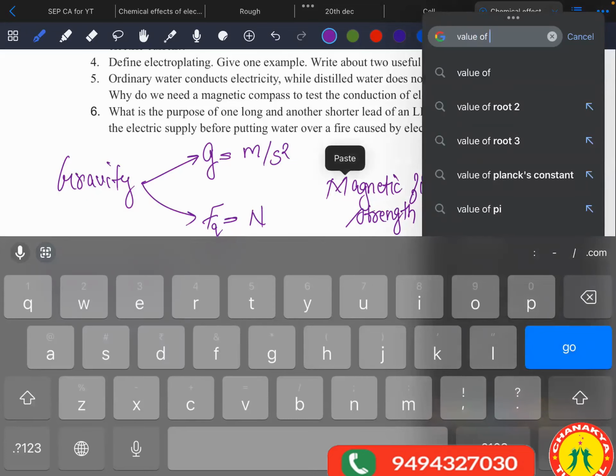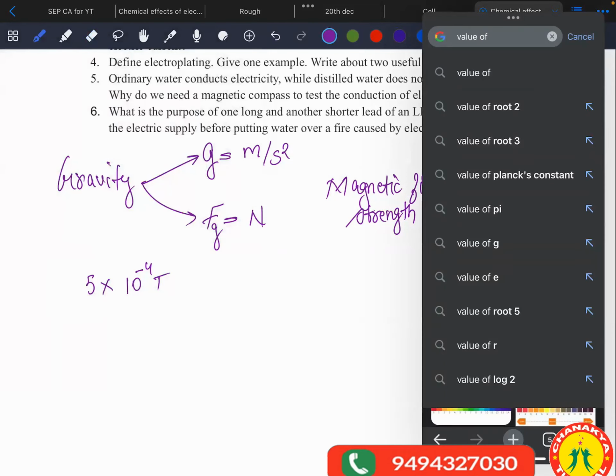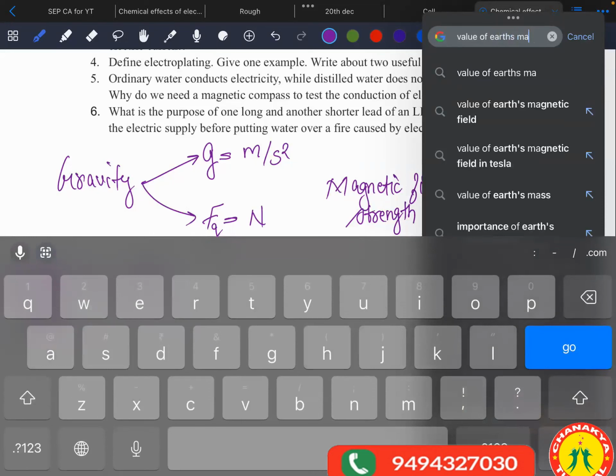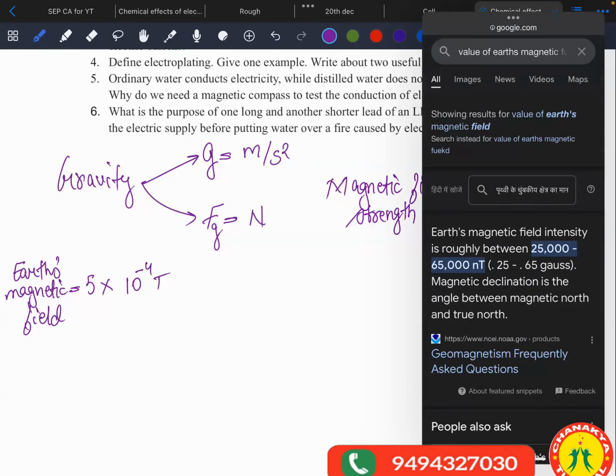Okay, so the value of the Earth's magnetic field is very small, nano scale. It is almost 10 to the power minus 5, you can take it.